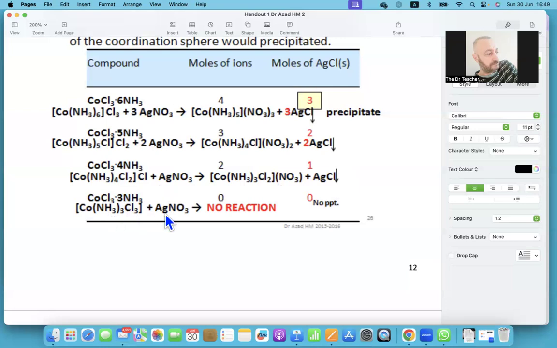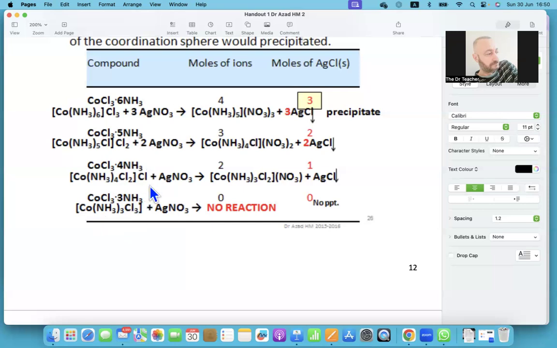If you introduce silver nitrate to this compound here, which is cobalt NH3 by 3 chloride 3, there will be no reaction. Why no reaction? Because these are inside the bracket. Inside the brackets, they are coordinated to the cobalt very strongly, and there is nothing outside to react with. So the silver nitrate cannot penetrate this complex.